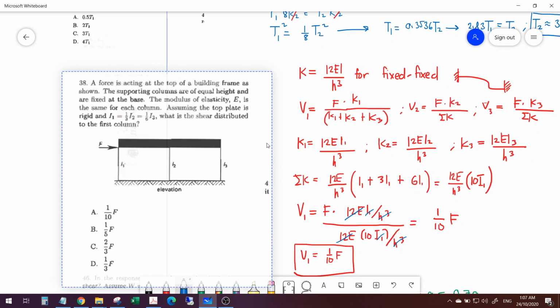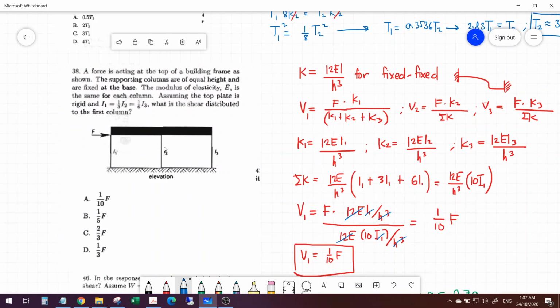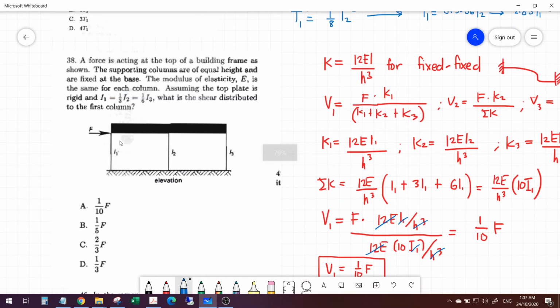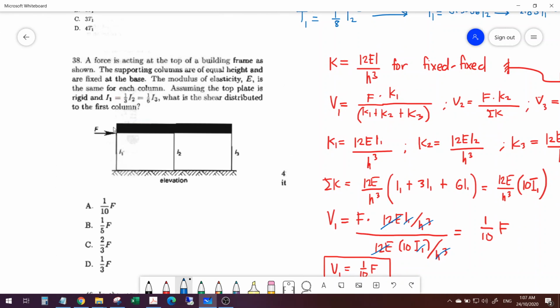Okay. Now, this is no longer a cantilever idealization. So, fix na yan. Fix din to because we assume the top plate is rigid. So, you can just assume, let's say, meron kang roof deck, tapos meron kang one-story structure, tapos concrete yung slab mo. So, parang ganyan yung idealization. Therefore, it's fix, no? Hindi siya cantilever.